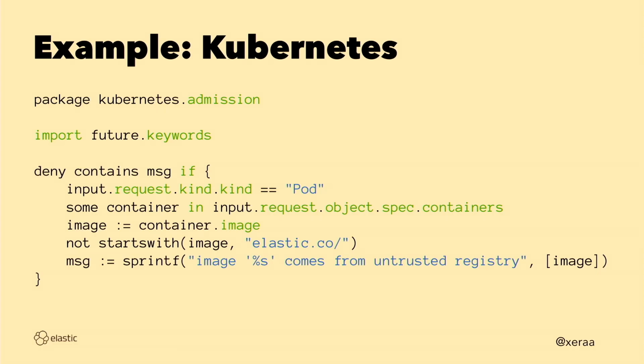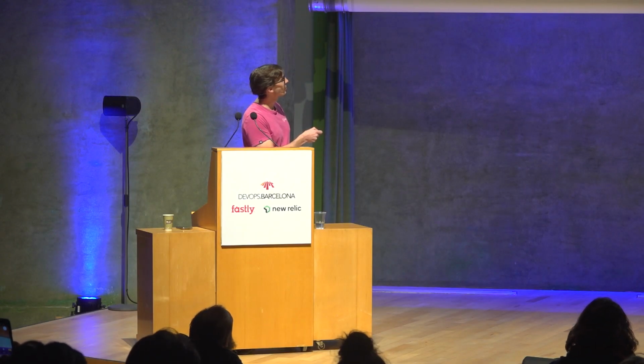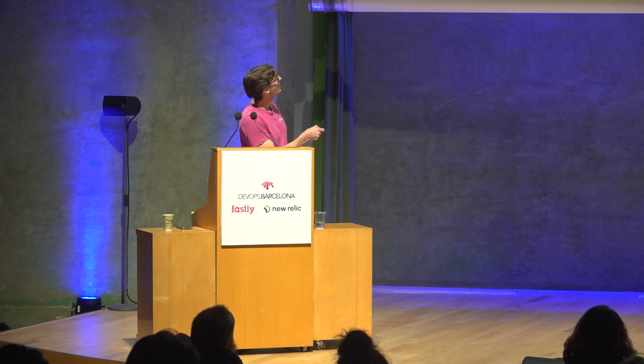So these were the Hello World examples, and these are still very simple, but this is maybe a bit closer to the infrastructure side that you're used to. For example, in here we're working with Kubernetes, and what we want to do is say that a Docker image is coming from a specific registry. At Elastic, we have our own Docker registry, and we are saying an image must come from this registry.